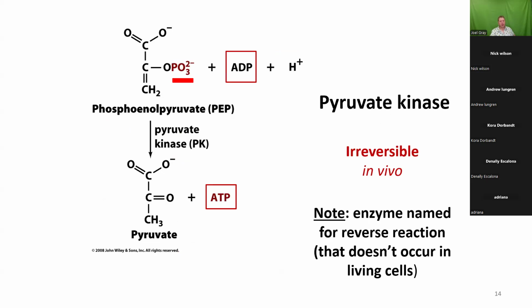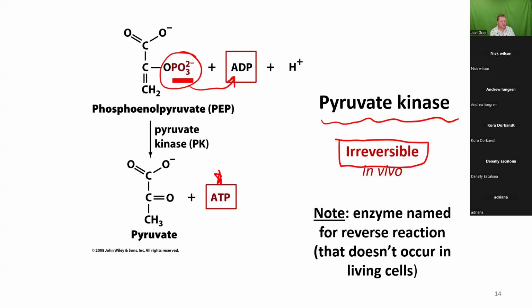That phosphoenol pyruvate is going to be essential because with that phosphate on carbon number 2, we're going to remove that and put it onto ADP in order to make ATP. So the enzyme that catalyzes this reaction is pyruvate kinase. This is an irreversible reaction.